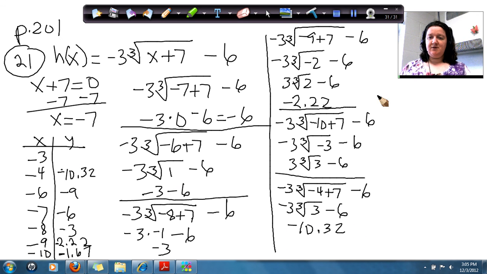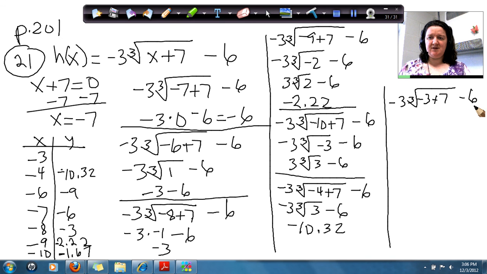Let's plug in the negative 3. Negative 3 times the third root of negative 3 plus 7, minus 6. So that's going to give me the third root of 4, minus 6. And the third root of 4 is still kind of an ugly number.